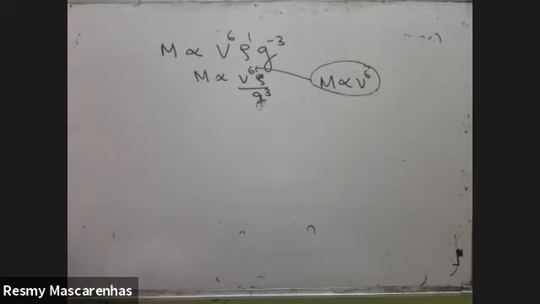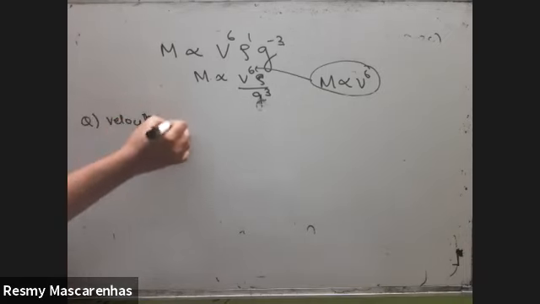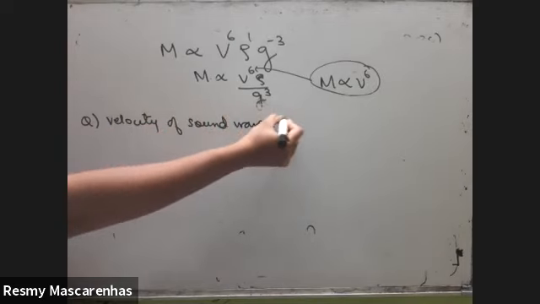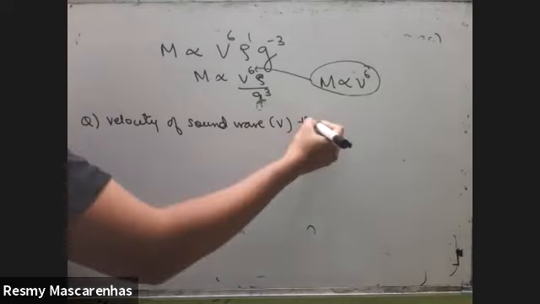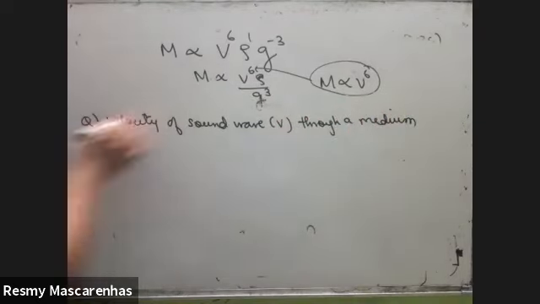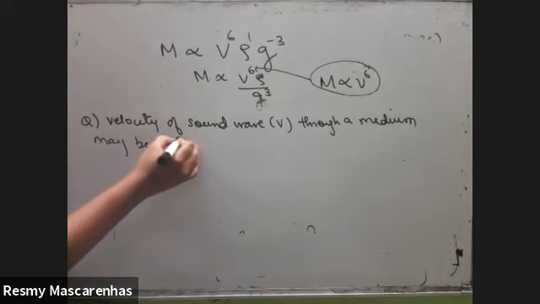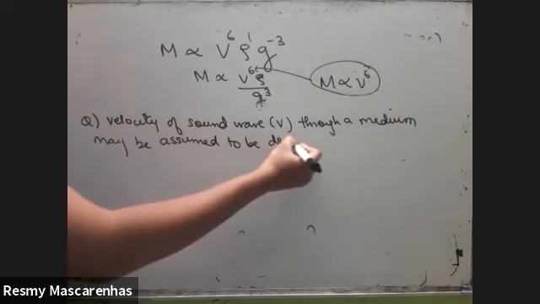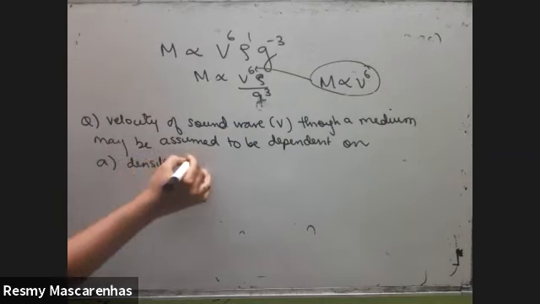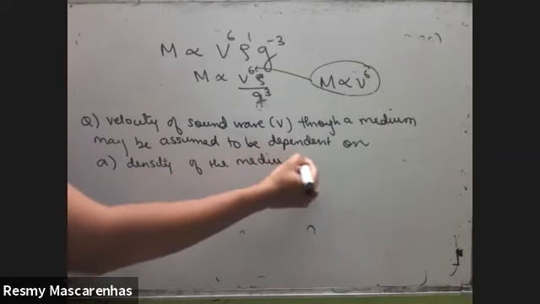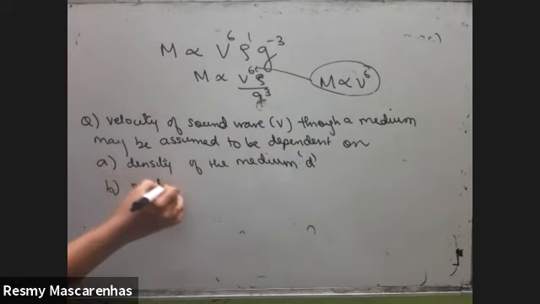Next one. The velocity of sound wave through a medium may be assumed to be dependent on, first one is density of the medium, modulus of elasticity.